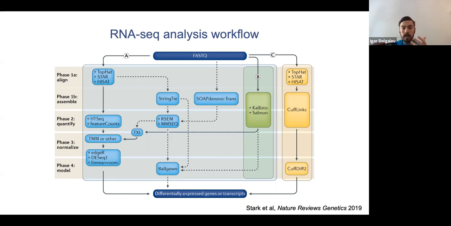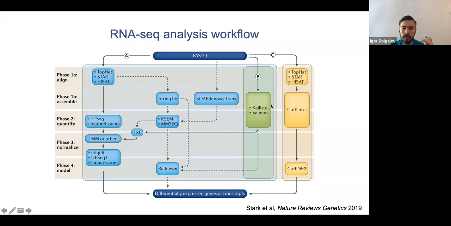It's also possible that you're working with a new transcriptome where you don't have a reference, so you might use something like SOAPdenovo, where you're assembling a transcriptome from scratch. It's also possible that you're looking for new transcripts that are not described, and then it's possible to do something like StringTie to try to determine, based on limited information, if you have any novel transcripts.